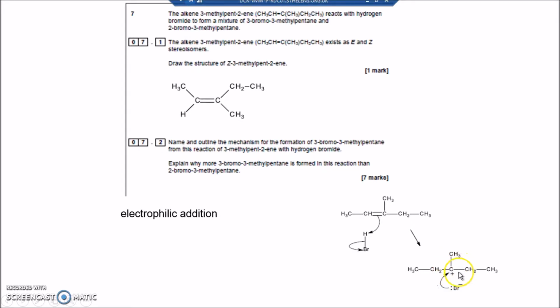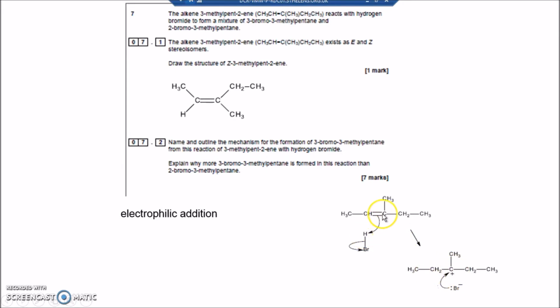A tertiary carbocation is more stable than the secondary carbocation, which would have a C plus joined to 2 carbons either side of it, which is in turn more stable than a primary carbocation that's got a C plus with just 1 other carbon joined to it. So this tertiary carbocation is more stable than a secondary carbocation.